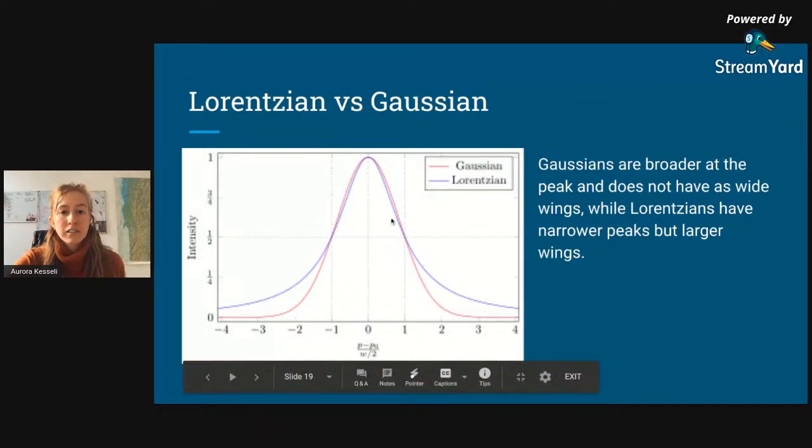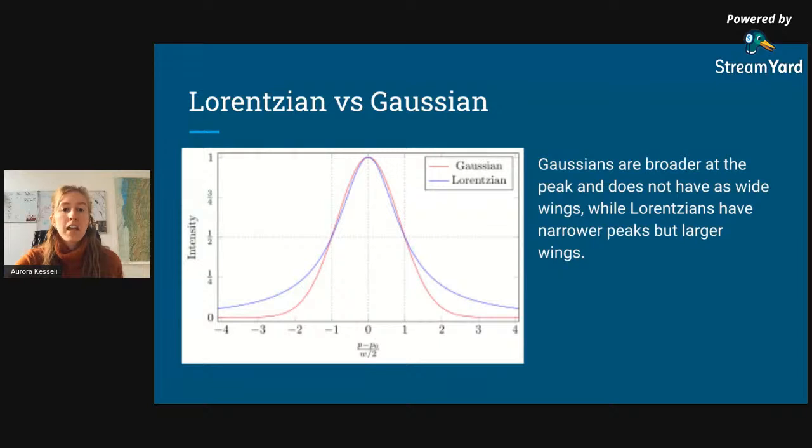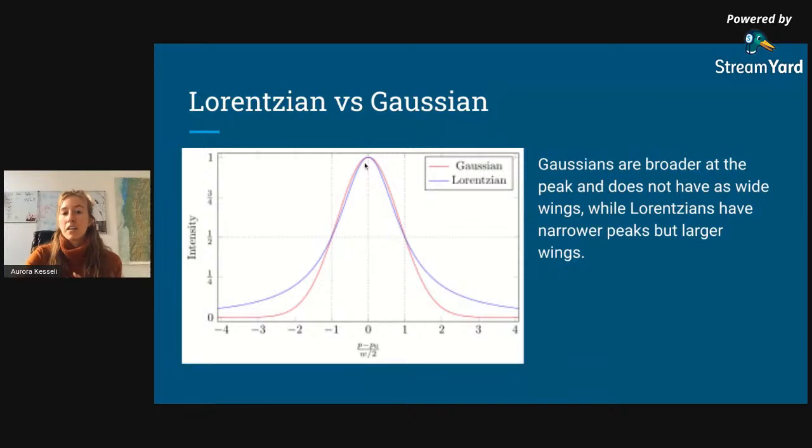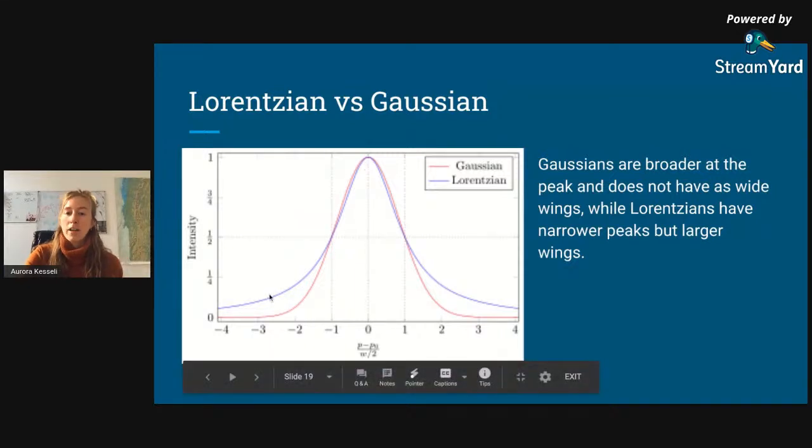And so the difference, there's a Lorentzian and a Gaussian plotted here. And the difference is, in red, we have the Gaussian. So it has much narrower wings, but a wider peak at the center. Whereas a Lorentzian has a narrower peak at the center, but much wider wings.